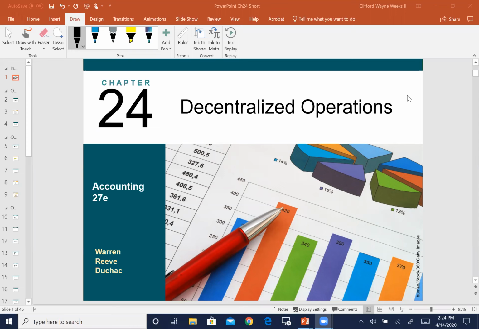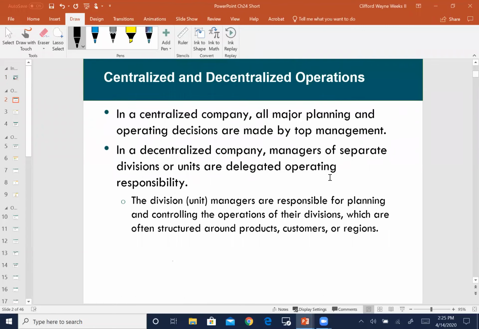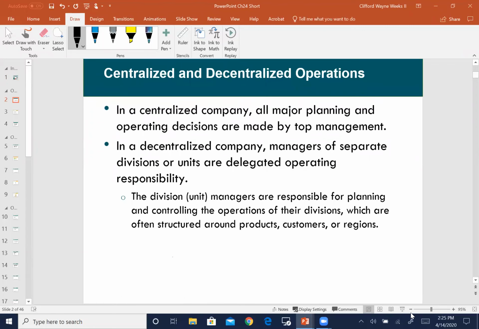The best example I can give you really comes in a picture. I'm not sure if the picture is actually in the textbook, but when we're talking about the difference between a centralized and a decentralized organization, let me make this a little bit smaller so that you can see the whole slide.